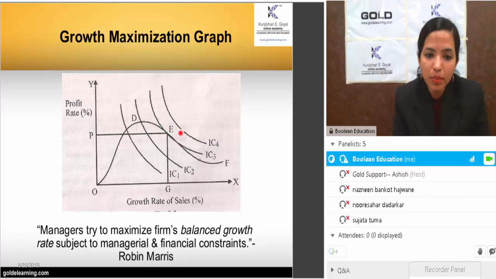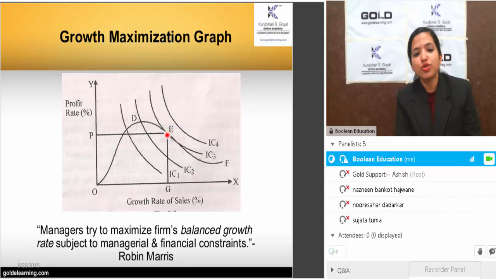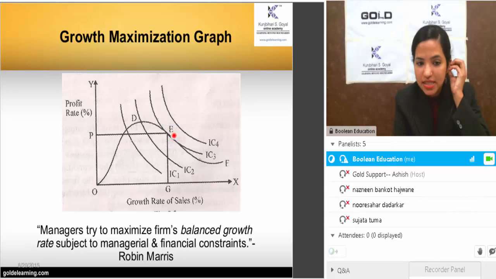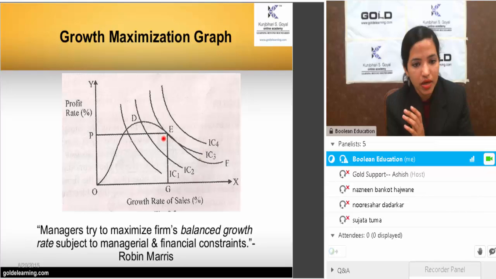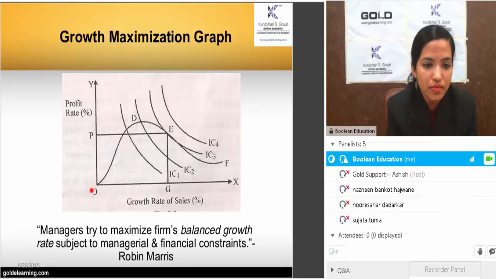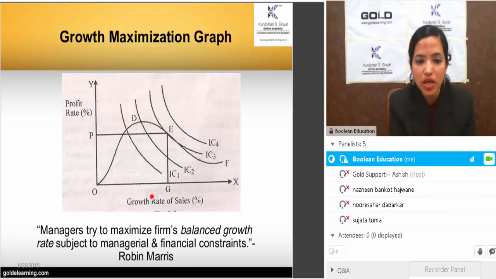Indifference curve 3 पे जब ये टेंजेंसी आपको दिखाई देती है E, इसी पॉइंट पे फर्म मैक्सिमम या फिर बैलेंस ग्रोथ करे, राइट? So OP will be their profit rate in percentage, and OG will be their growth rate of sales in percentage.